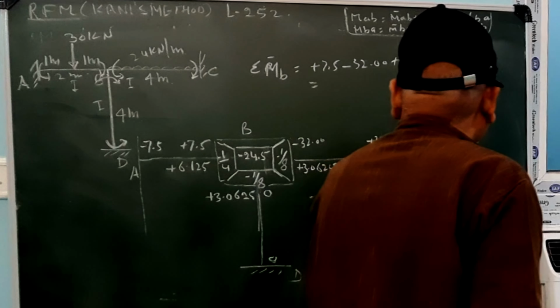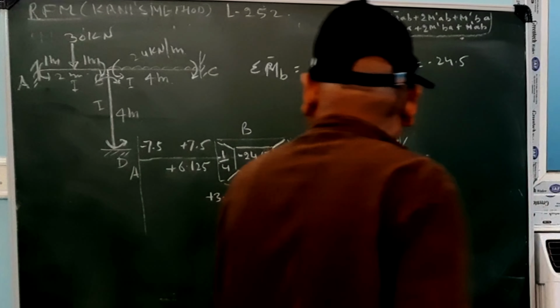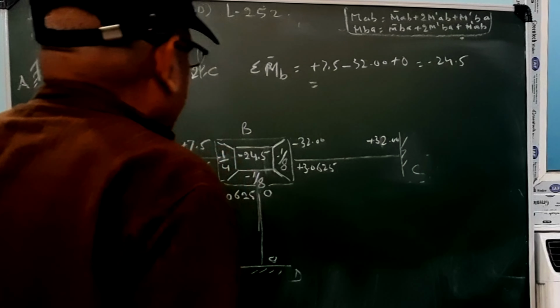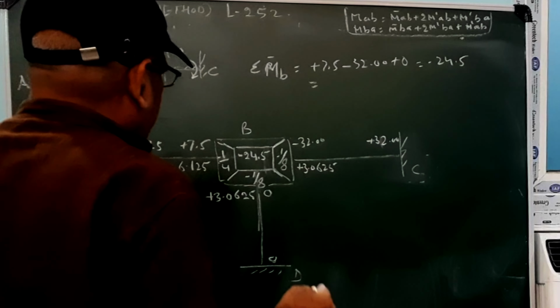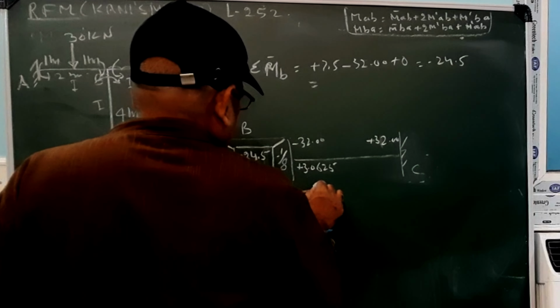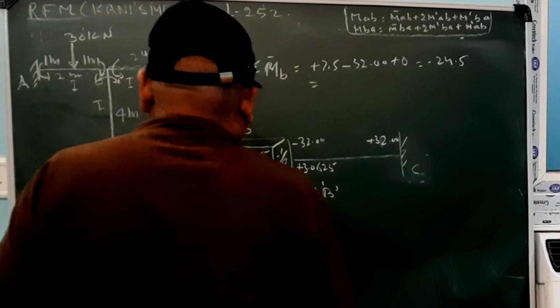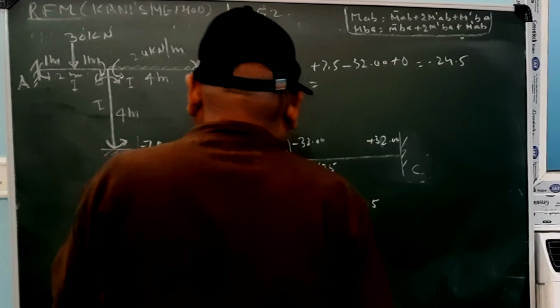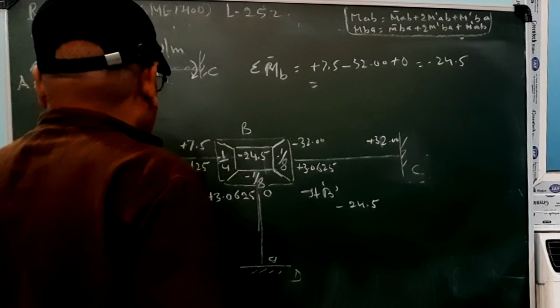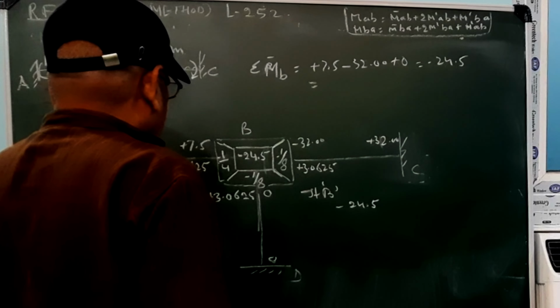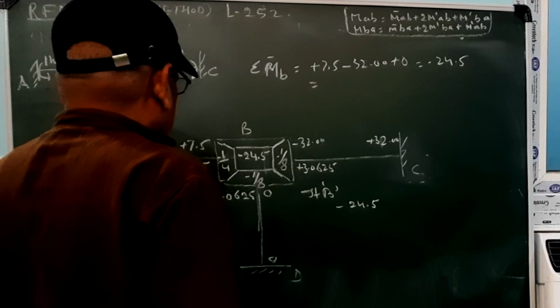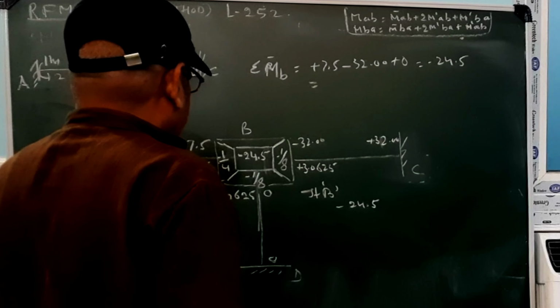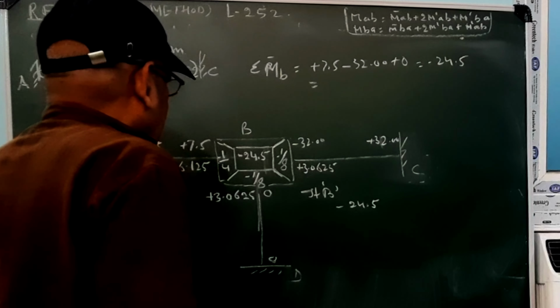Okay. Let us go for the second iteration. At joint B we have minus 24.5, and this addition is 0. So this is your 6.125, no addition is there.